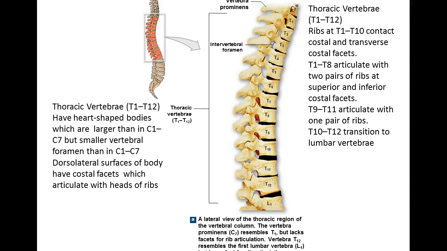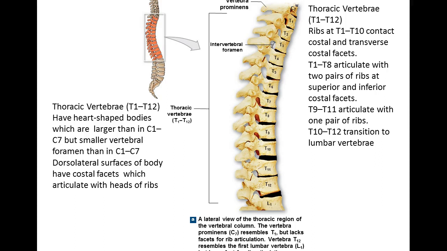Speaking of the ribs, you have 12, and what happens is all 12 articulate in the posterior aspect, but you do have some shifting with regard to the shapes of the thoracic vertebrae to respond to what's going to come below, meaning the lumbars.